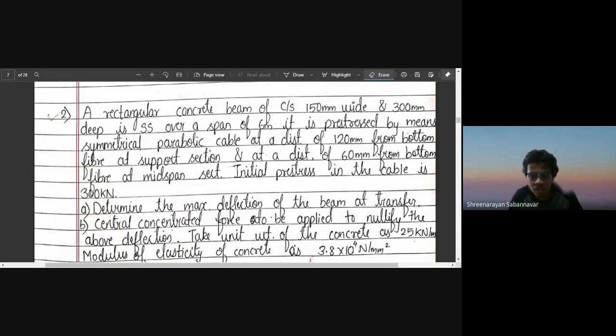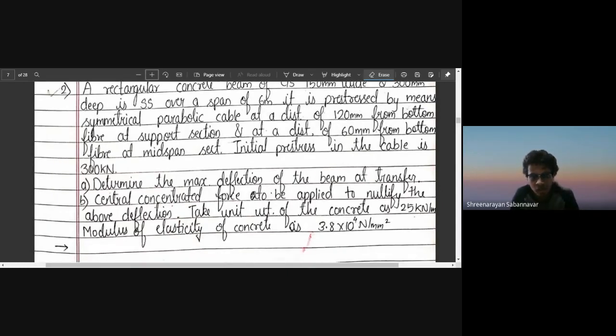Initial pre-stress in the cable is 300 kilonewton. A. Determine the maximum deflection of the beam at transfer. B. Central concentrated force to be applied to nullify the above deflection. Take unit weight of the concrete as 25 kilonewton per meter cube. Modulus of elasticity of concrete as 3.8 into 10 power 4 Newton per mm square.